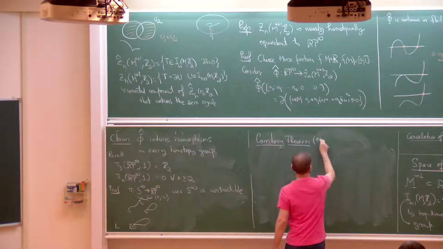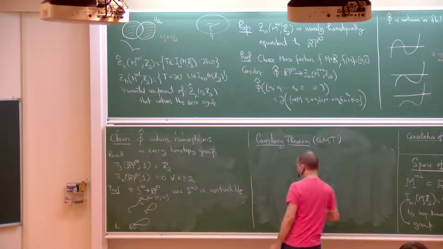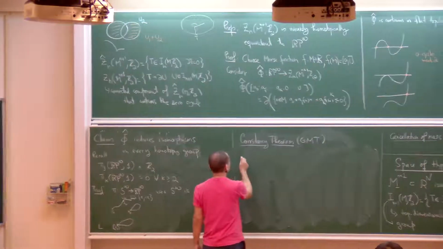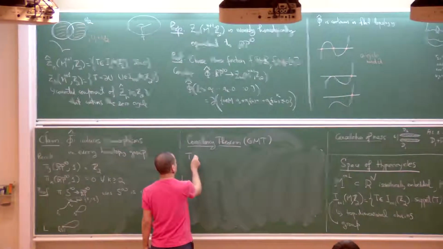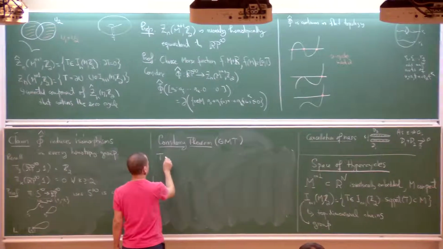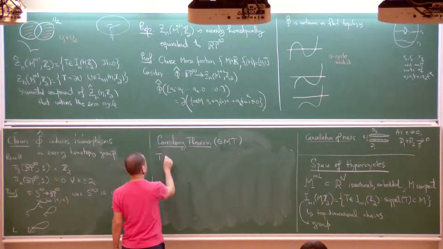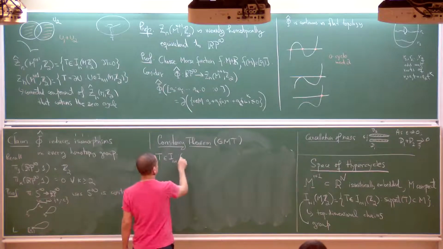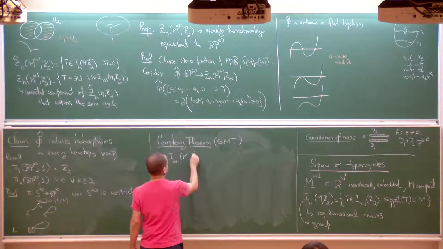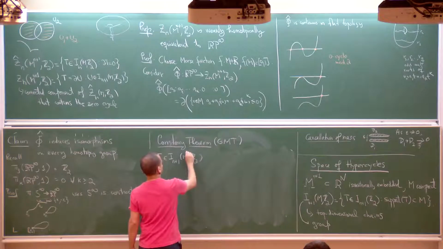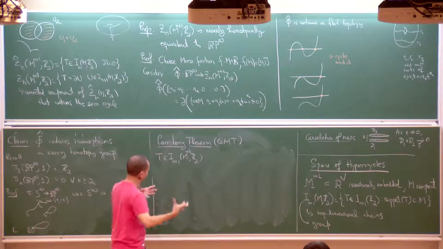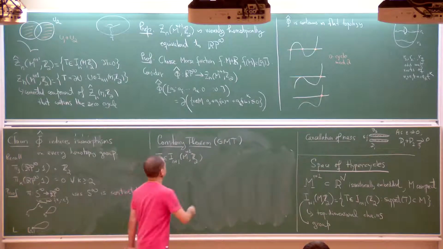From GMT. What it says is that if I have a cycle, okay, so if I have a top dimensional chain in my manifold, so think of this as some region in the manifold.